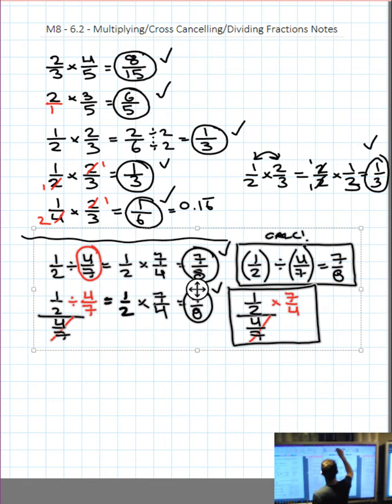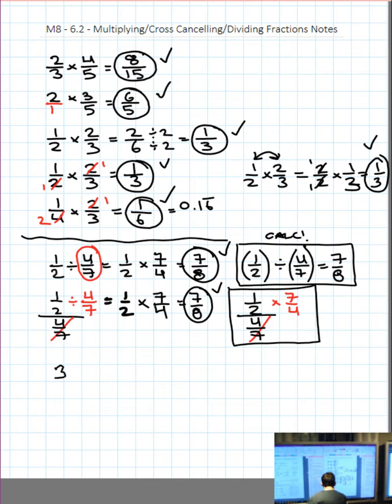So let's say we have 3 big over 5 over 7. Now, keep in mind, I am going to do the instruction that I just showed. Flipping and changing right to multiplication.